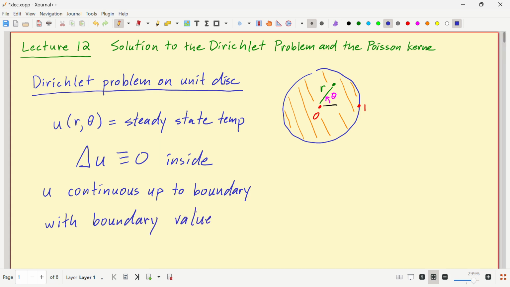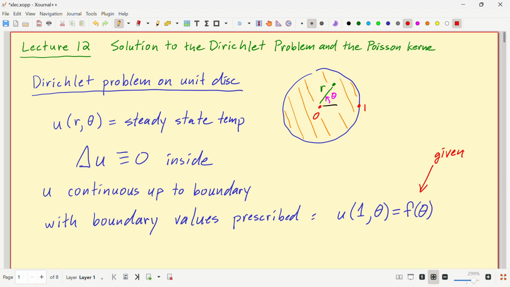So we've got heaters and coolers on the boundary keeping it a certain temperature, and we know what that temperature is. What that means is we want u of radius 1, theta to be something we know, so that'll be an f of theta. That temperature is given, and then the problem is to find a u that satisfies those conditions.